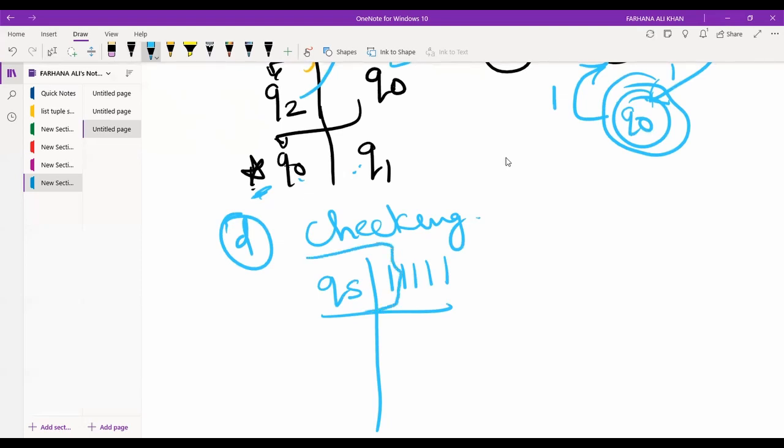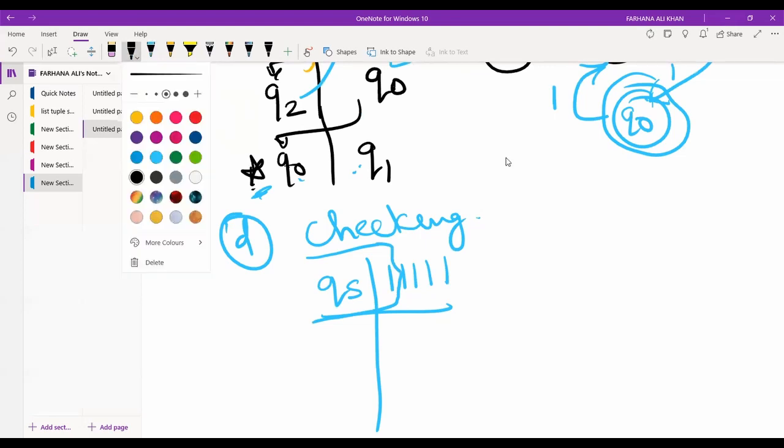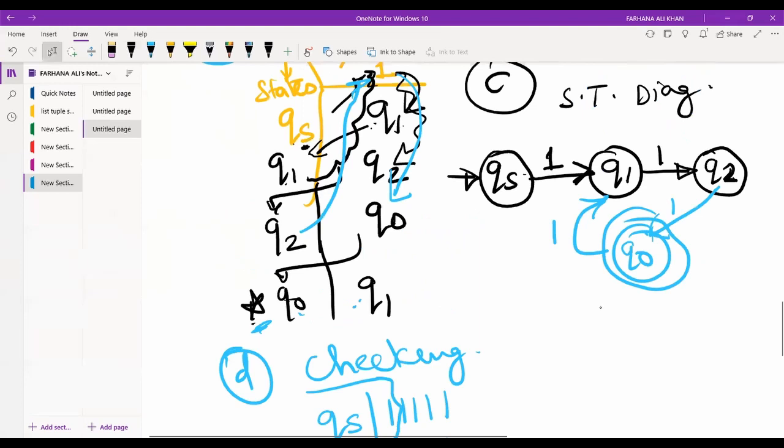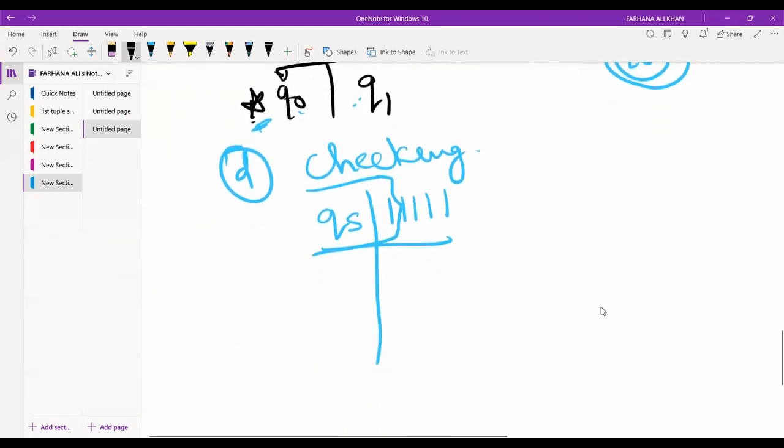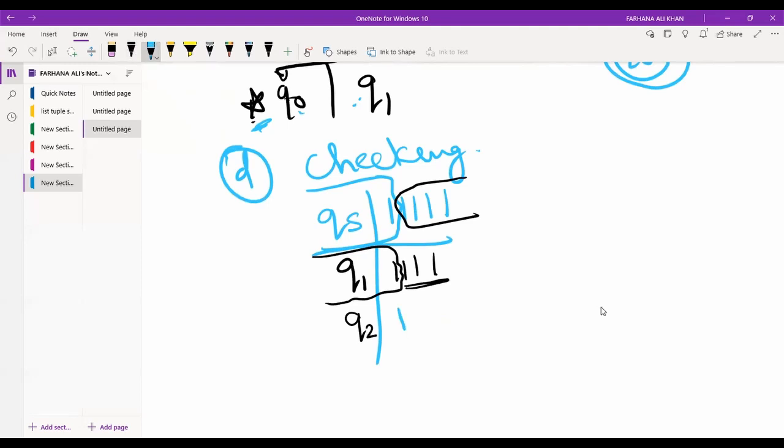QS on 1, where is it going? QS on 1 reaches Q1. What is the remaining string? 4 occurrences of 1. Now Q1 on 1 goes to Q2. The remaining string is 3 occurrences of 1.